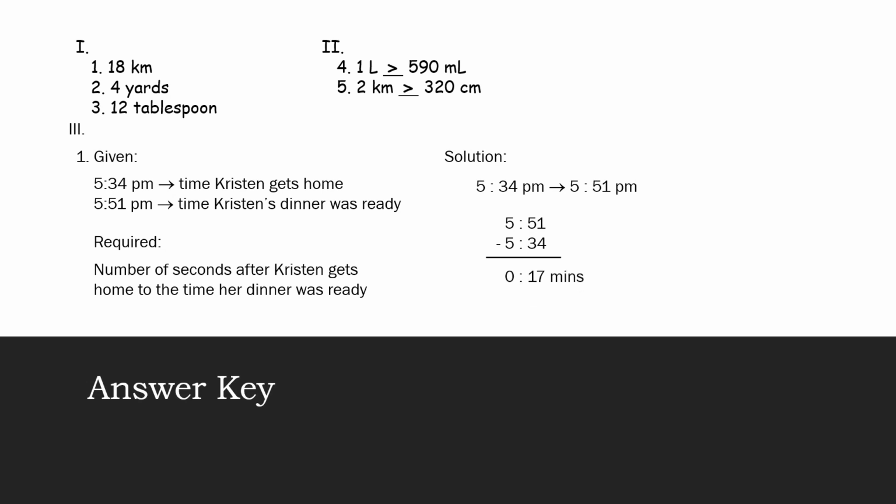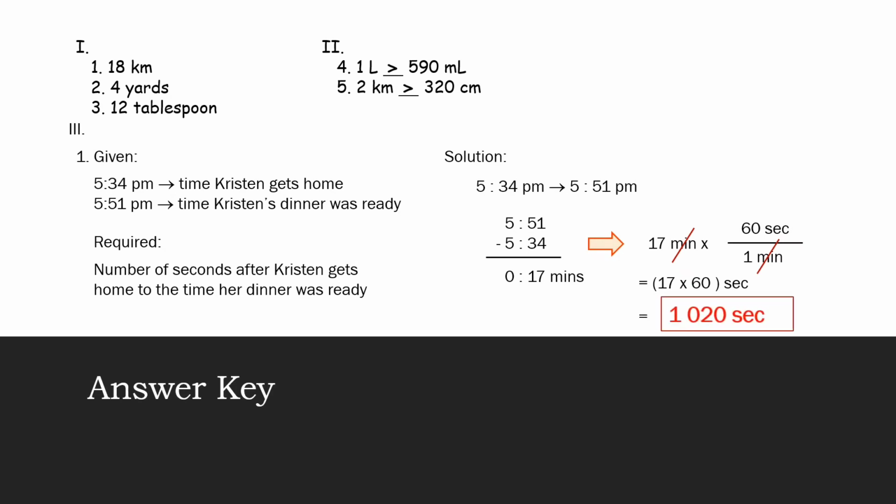So we have a 17 minute interval, but we are asked to give the number of seconds. So we are going to convert 17 minutes to seconds. That is 17 minutes times 60 seconds divided by 1 minute. So cancel that one. Then we get 17 times 60 seconds. So we have 1020 seconds.